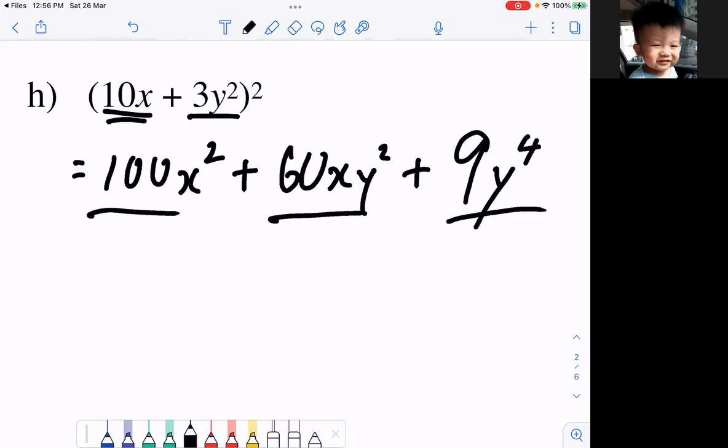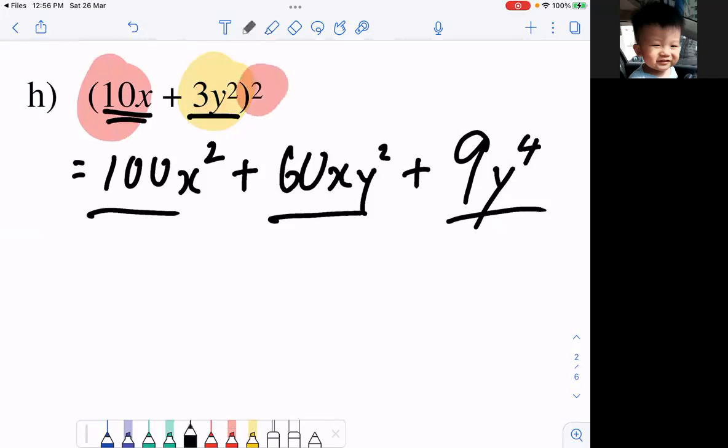Why you look so lost? Are you still lost? Which part is losing you? We are supposed to square this guy. Isn't it? This is a plus b whole thing squared.